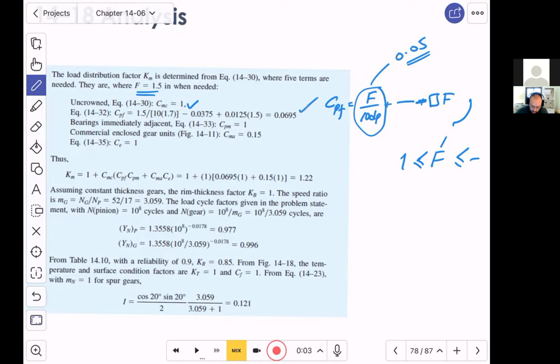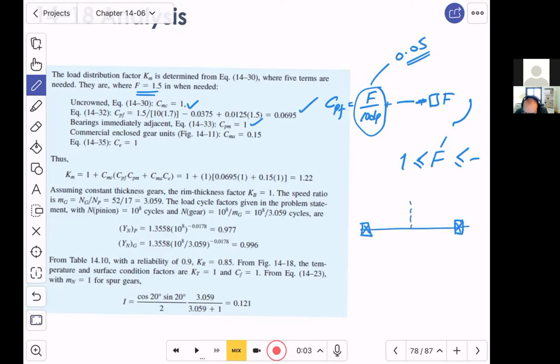We finish from this, then we go to the idea of the distribution, in the sense that we have the two bearings far away, and then this is the shaft.